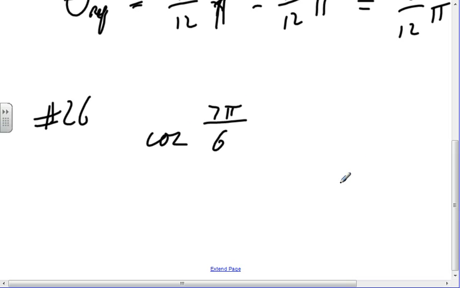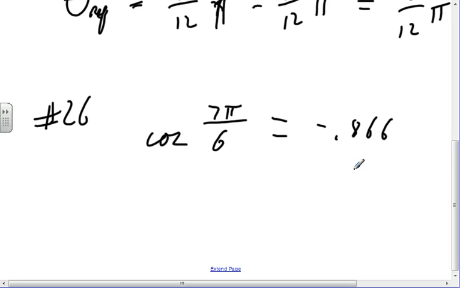So now my calculator is in radians. Second function, quit. And now I'm going to say cosine of 7 times pi divided by 6, close parentheses, equals. And I end up with 0.866 with a negative sign in front of it, which would be perfectly okay.